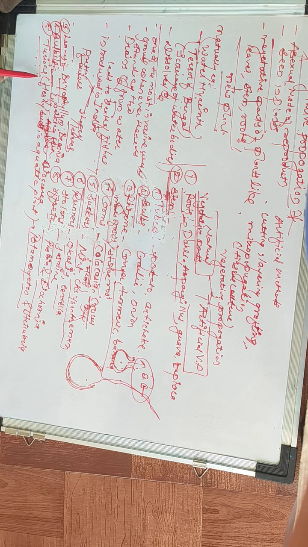And turions are a vegetative part. These are nothing but fleshy buds in aquatic plants, generally found in aquatic plants. Examples of this are Potamogeton and Utricularia. Okay, so this is all about natural vegetative propagation. Now we will see the artificial vegetative propagation.